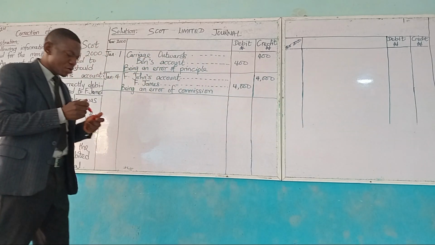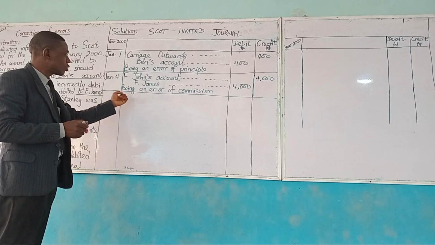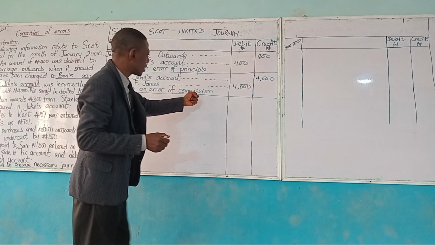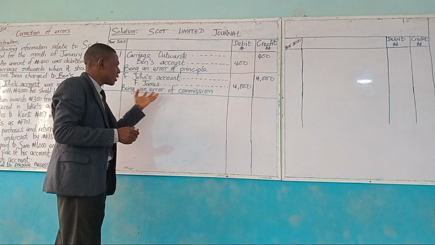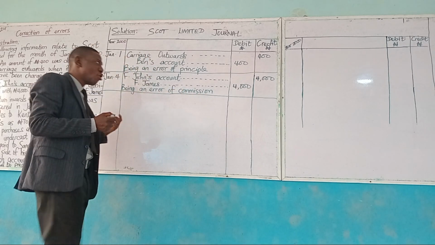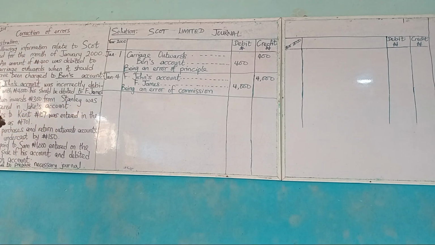I told you that if you are sure of the type of error that the transaction is talking about, you can simply use that, being an error of commission. But if you are not really sure, then you can just extract the narration from the transaction.